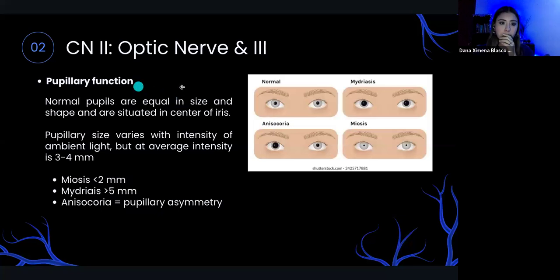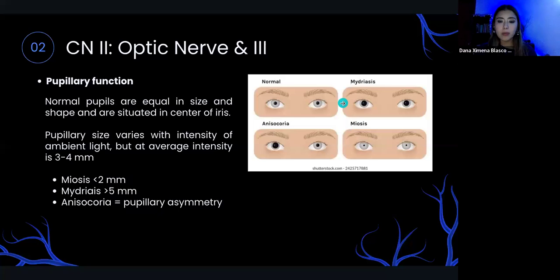Then, pupillary function. Here we are covering two nerves, the second cranial nerve and cranial nerve 3. Normal pupils are equal in size and shape and are situated in the center of the iris. Okay, that's basic knowledge, right? Now, pupil size varies with the intensity of ambient light, but at average intensity it is from 3 to 4 millimeters.